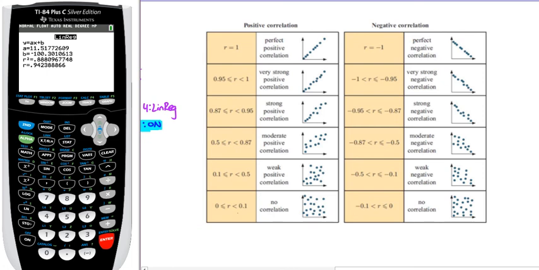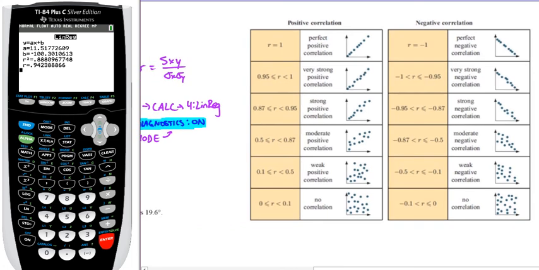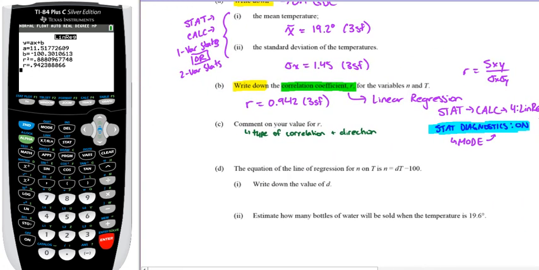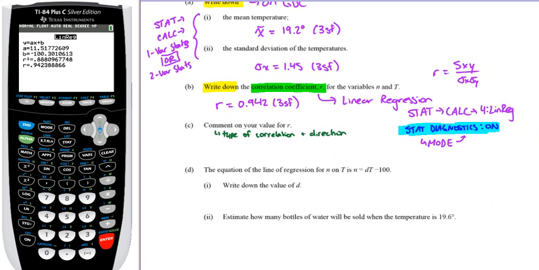And anything sort of really close to 0 would be described as no correlation. So if we look at that table, we're really in the strong positive correlation area. So our answer to this question is just going to describe our R value as indicating a strong positive correlation.